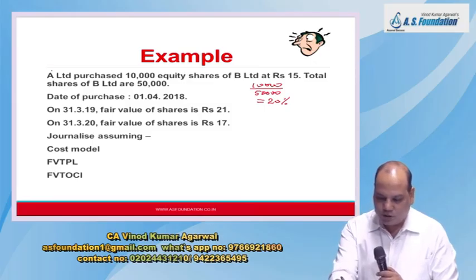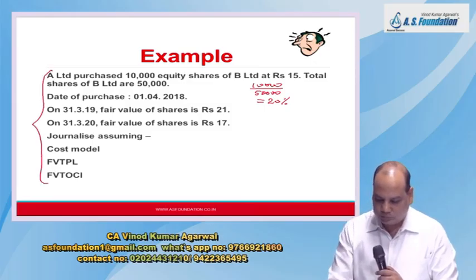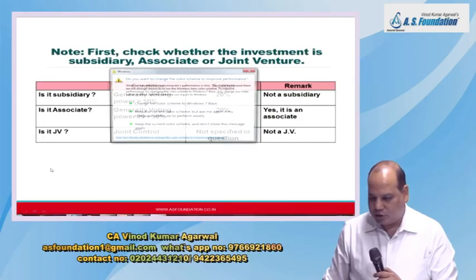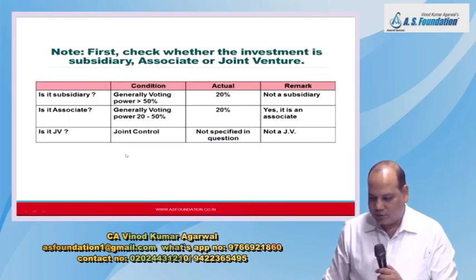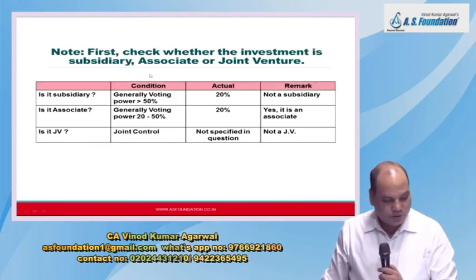So first we need to check what is the status of this investment. Is this investment a subsidiary, associate or a joint venture? So first check whether the investment is a subsidiary, associate or joint venture.